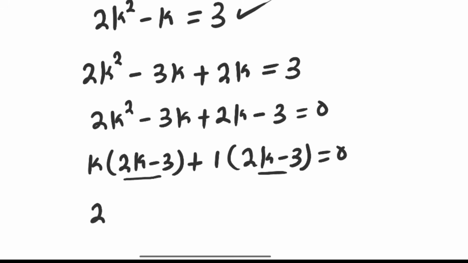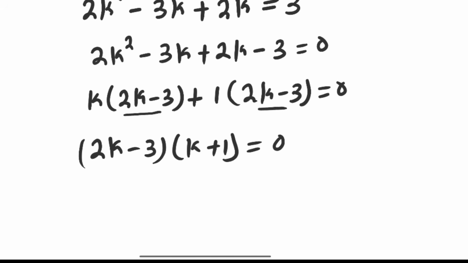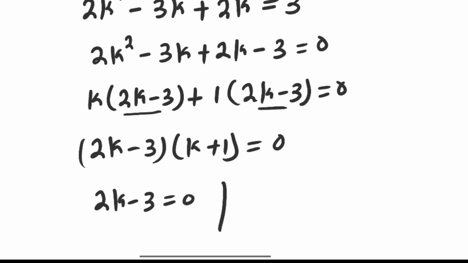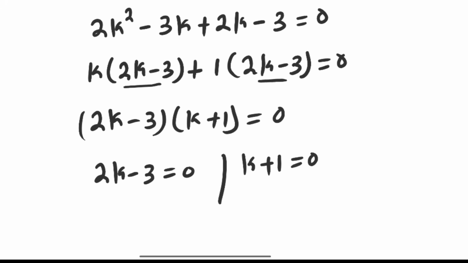Then we have 2k minus 3 bracket k plus 1 is equal to 0. There are two cases here. The first case is 2k minus 3 equal to 0, and the second case is k plus 1 is equal to 0.